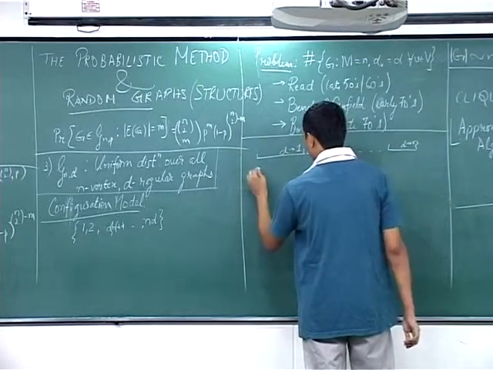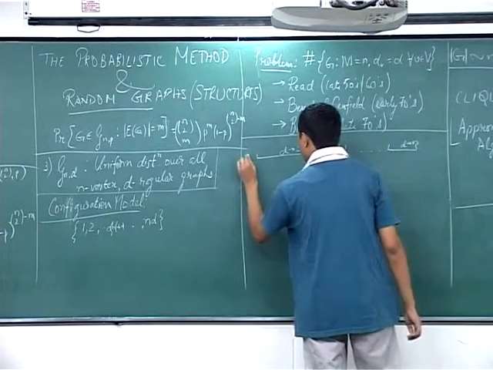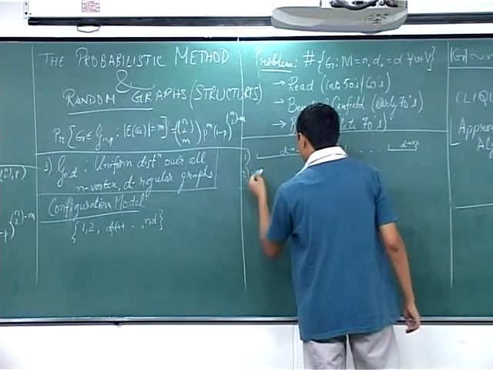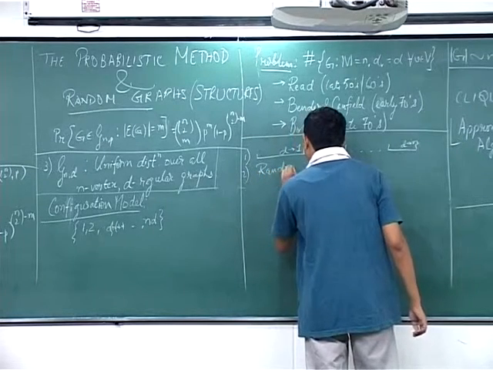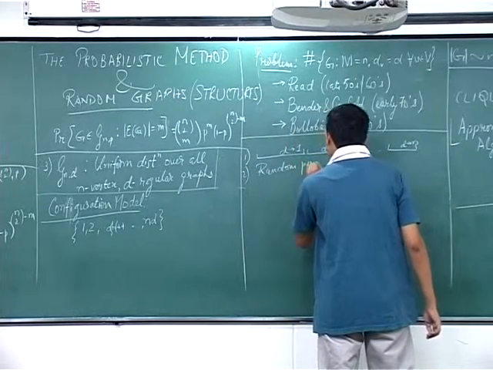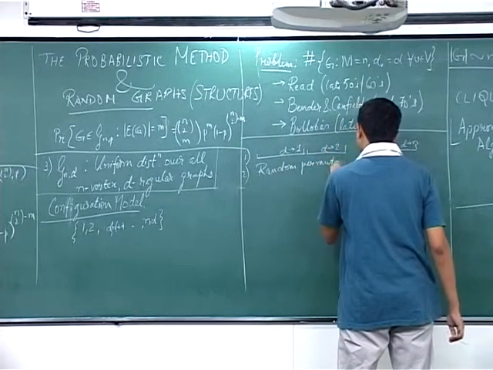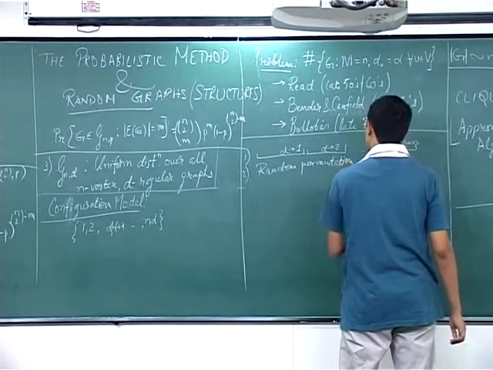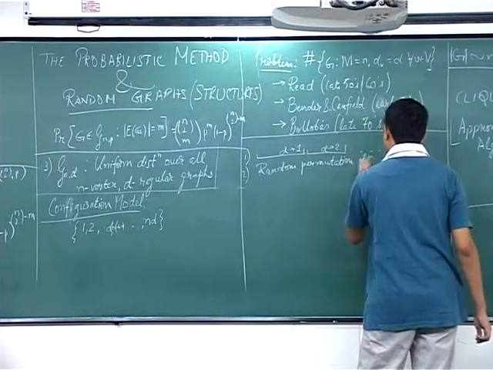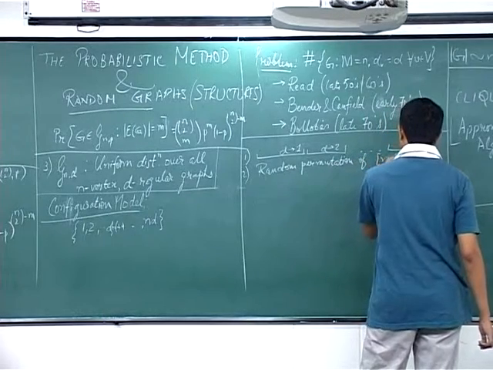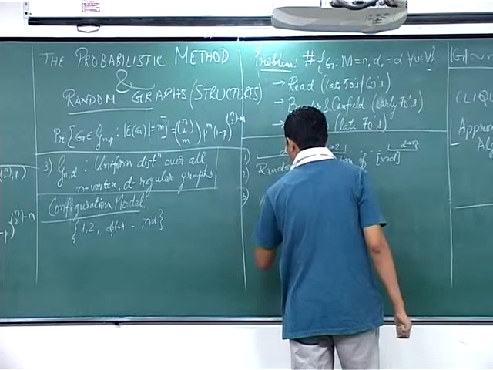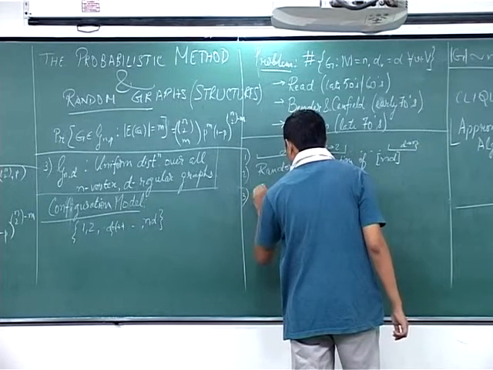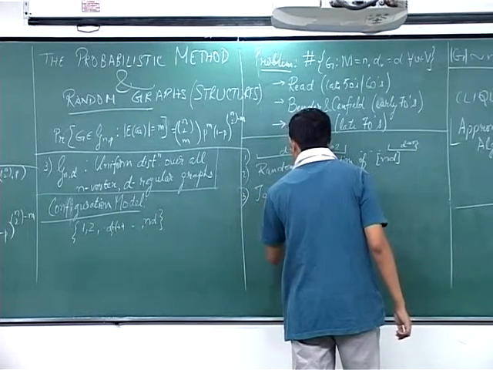Now you take a random permutation. So this is the first step: randomly permute them. And the third step is take pairs.